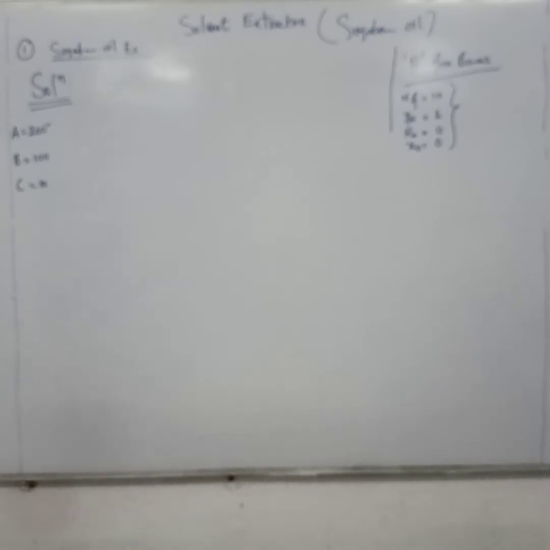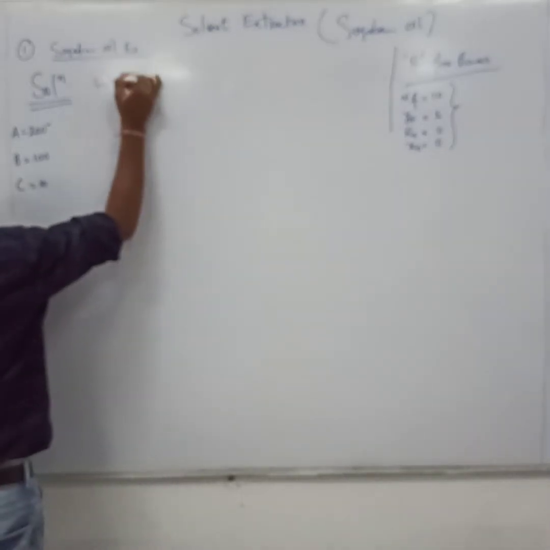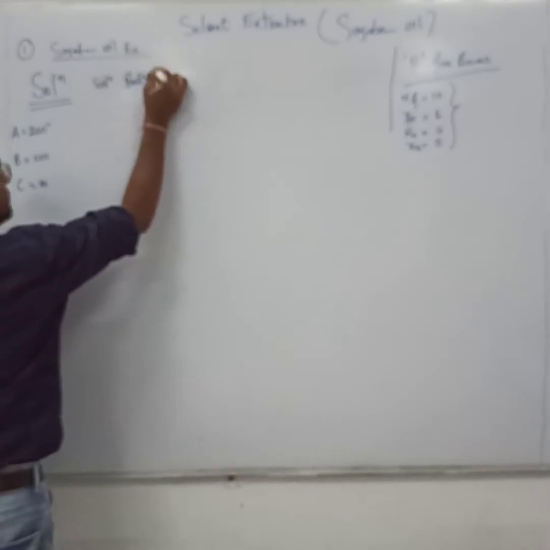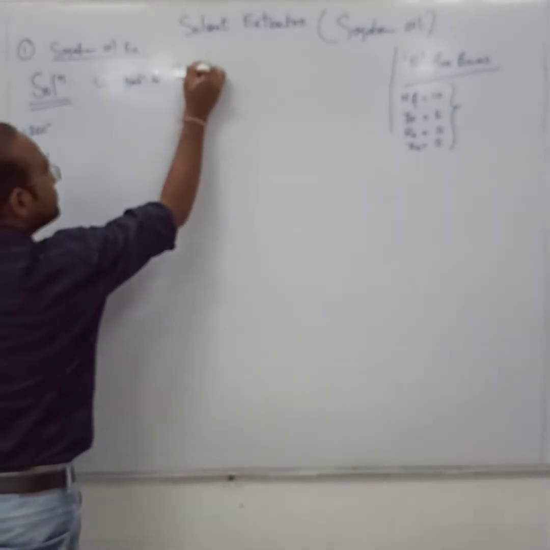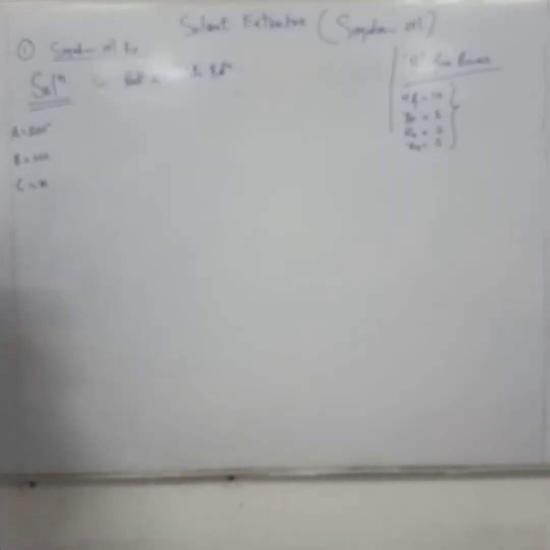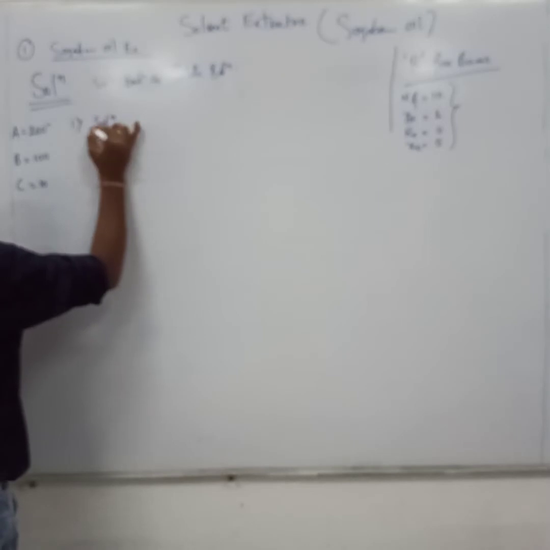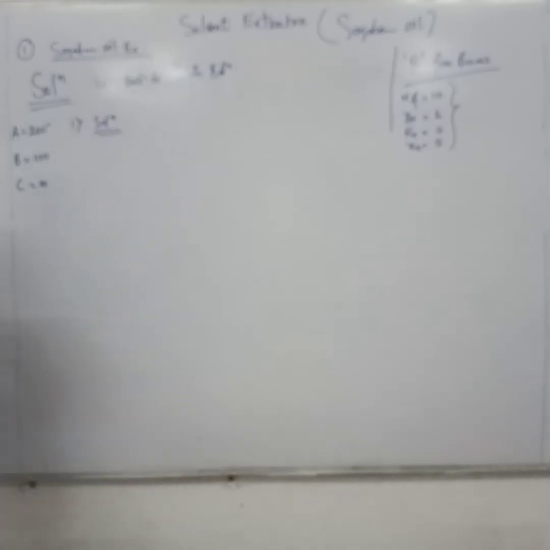Now we will move towards the third part of the numerical, that is solution balance and solute balance. So again first one, solution balance. How do we get the solution?